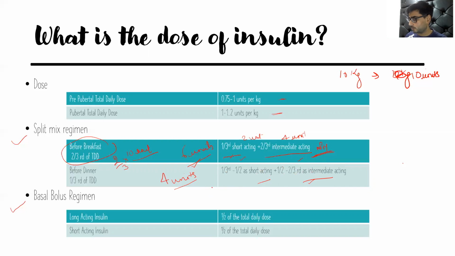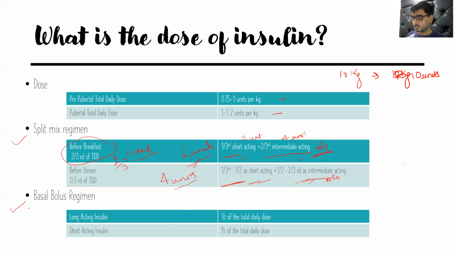The short acting or rapid acting is regular insulin or Lispro, Aspart, and 2/3 as intermediate acting, that is NPH. This is how we divide total daily doses in split mix regime.